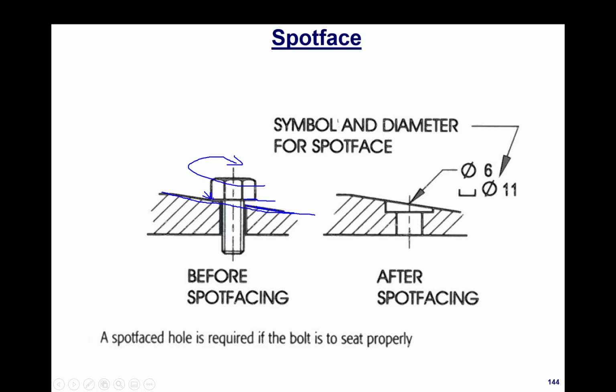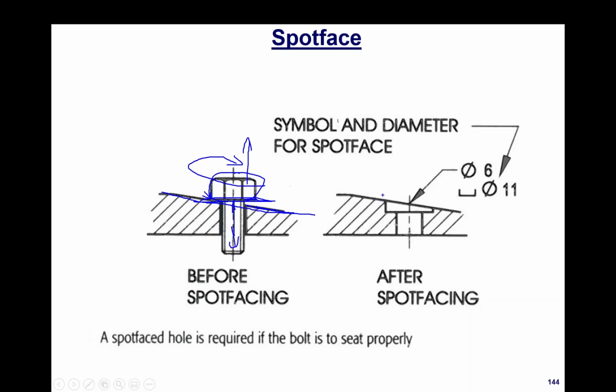As I tighten this down and the thread stretches and elastically deforms, it's going to get to a point where I create a stress riser here, and I'm going to pop the head. The head of this bolt is going to break off because it's not making even contact on its lower surface, and therefore it's going to shear. It's going to break away and fail.